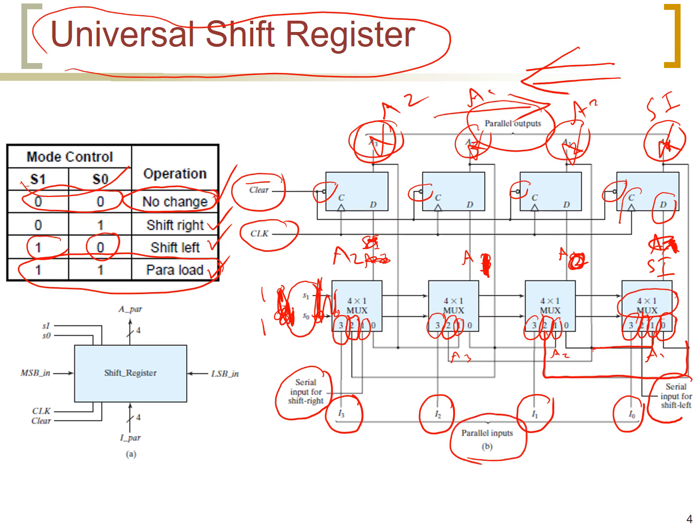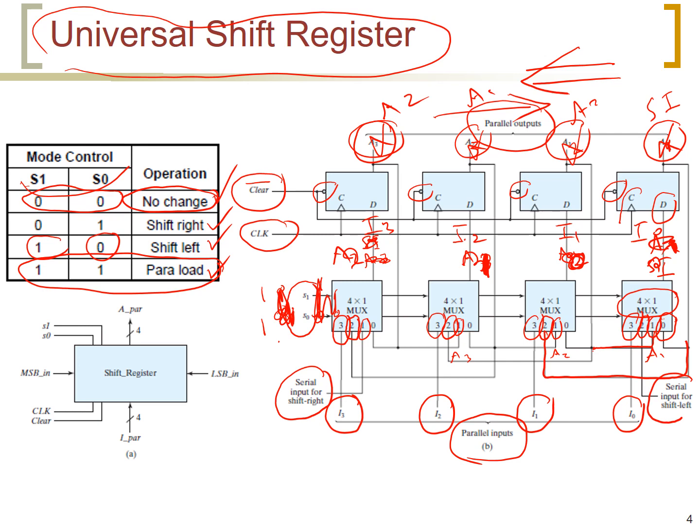Therefore, with these selection values, we will find here I0, the input of the first flip-flop, and then I1, the input to the next flip-flop, and then I2, and then I3 at the D of the last flip-flop.